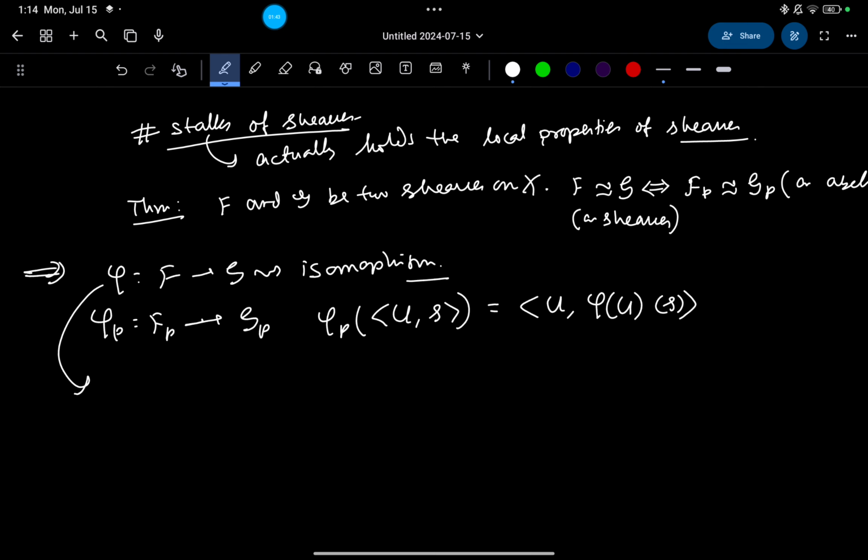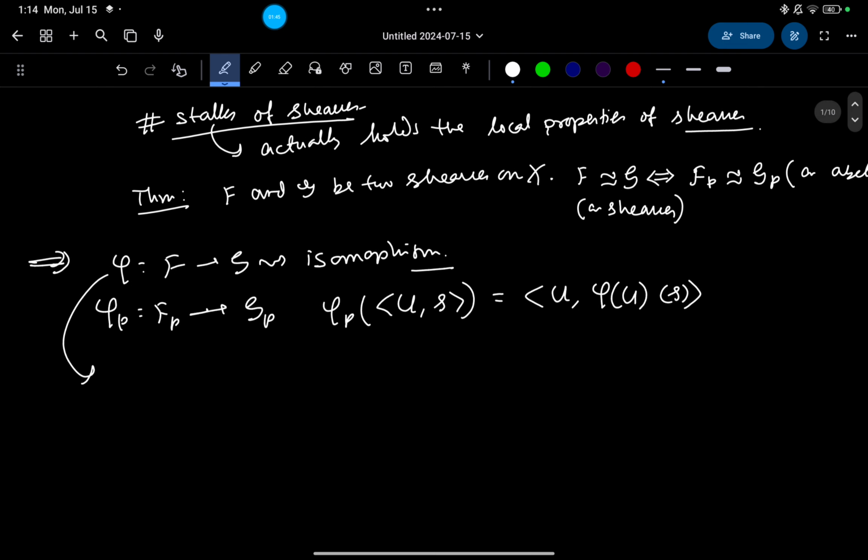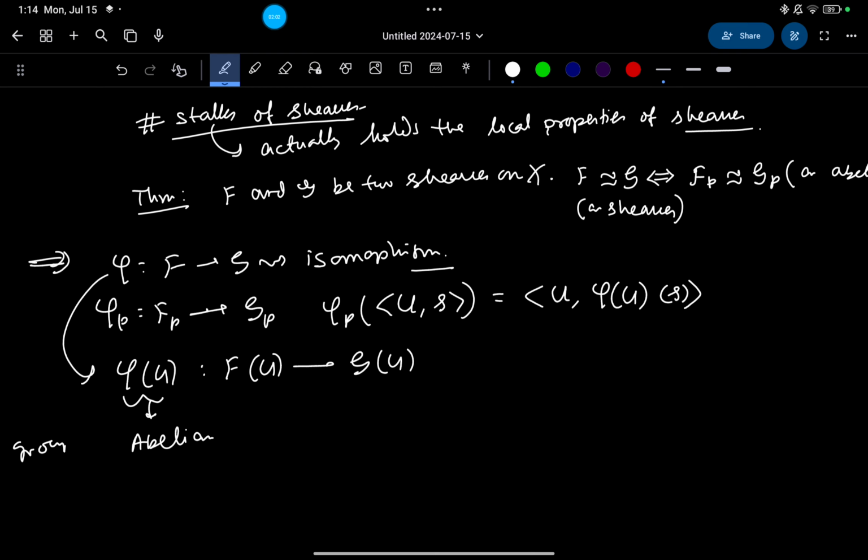Note that for phi from F to G, for each open set u there is a group homomorphism from F(u) to G(u), a homomorphism of abelian groups.